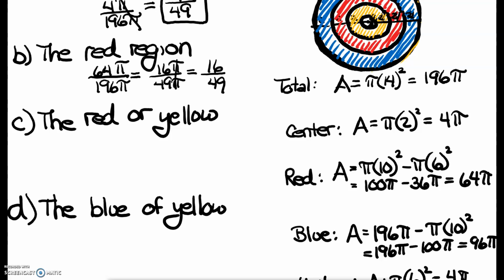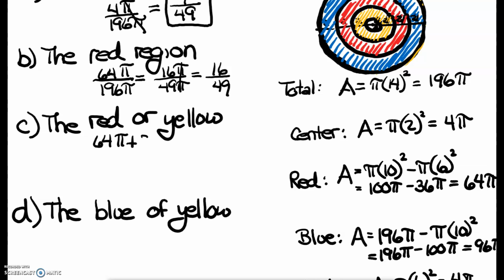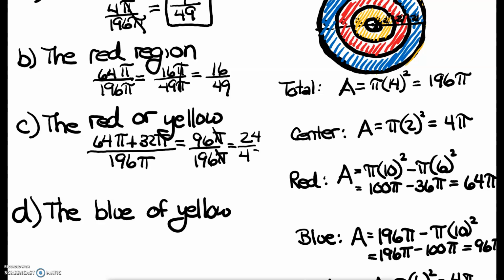Well, the red and the yellow together add up to 64 pi plus the yellow is 32 pi, over the total of 196 pi. So that gives me 96 pi over 196 pi. And I know that 4 goes into both of them. 24 over 49.